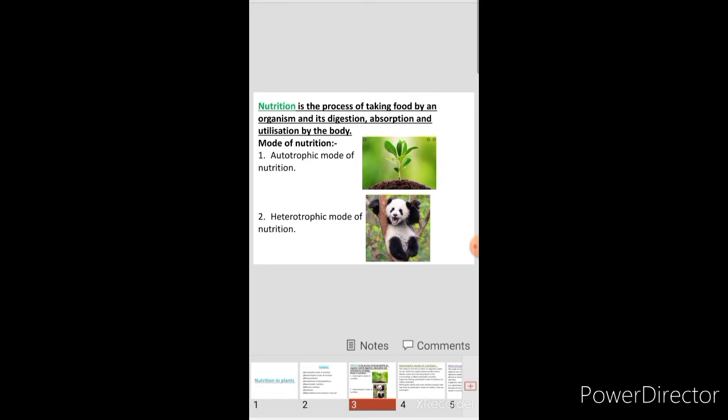So what you have to understand is that when any organism takes food, digestion and absorption take place, and at last the energy is utilized by the cells in our body. This is called nutrition. And there are two modes of nutrition, which are autotrophic mode of nutrition and heterotrophic mode of nutrition.